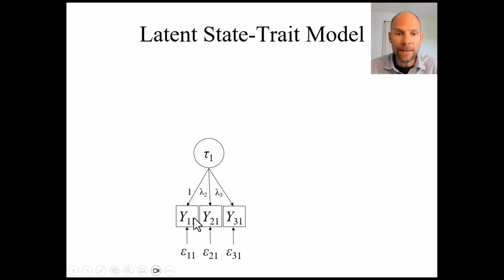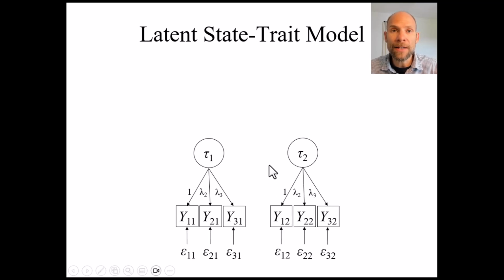You can see that these variables have the second index 1 for time point 1. Now we're assuming that we have at least one other time point where we are measuring the same indicators, or at least partially the same indicators, the same items again. You can see they now have the index 2 at the end for the second time point, and otherwise those are the same questions or the same indicators.